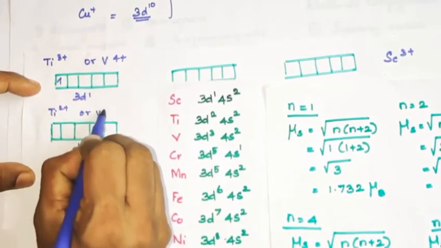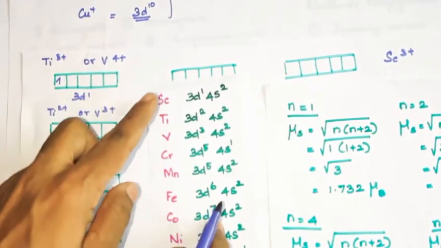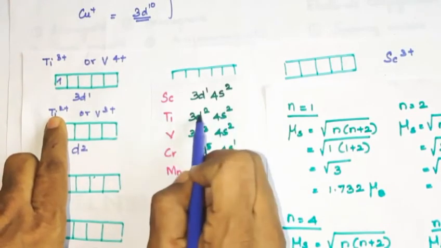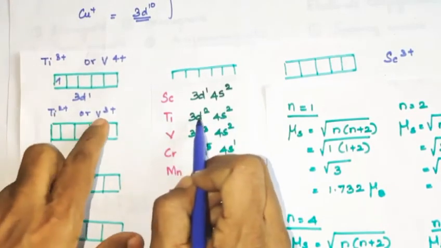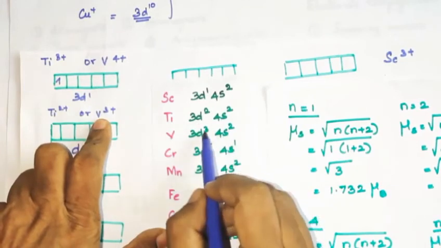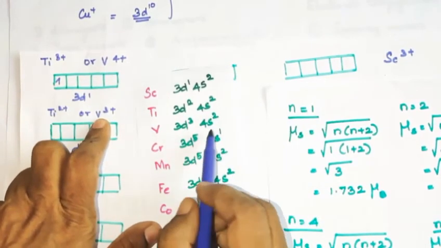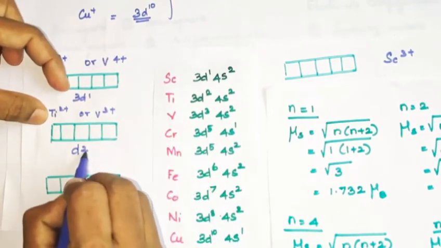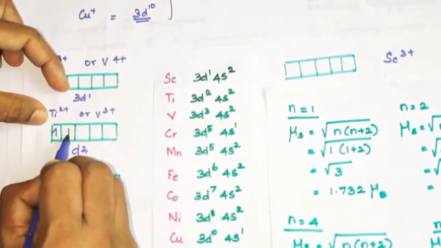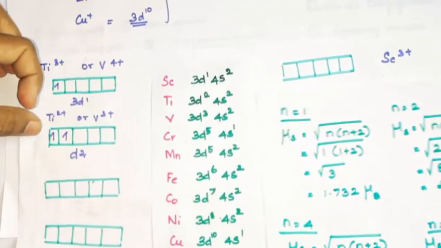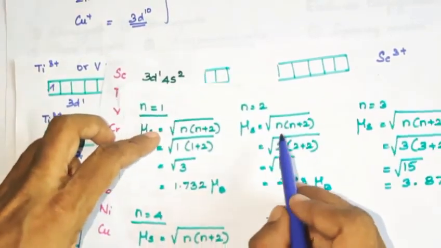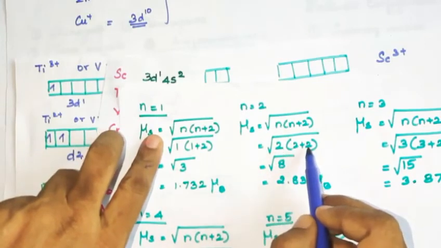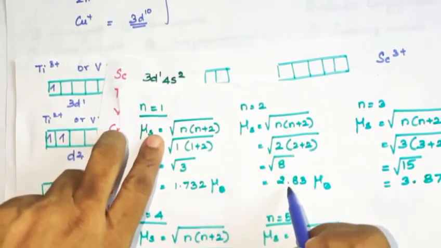D2 configuration means titanium 2 plus. Titanium is 3d2 4s2, and removal of the 2 electrons gives 3d2 only. And also vanadium 3 plus, so 2 electrons in titanium 2 plus. Substitute in the equation 2 into 2 plus 2. So what is the answer?